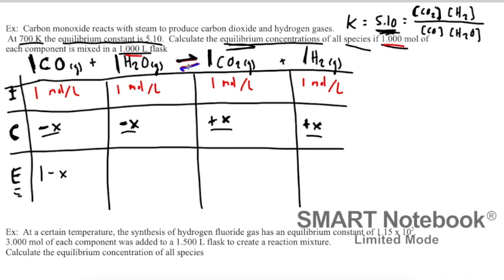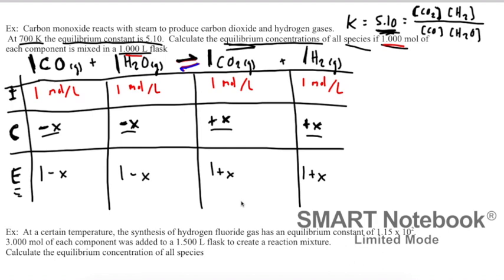The forward reaction is favored right now. And so I'm going to get some of that initial CO consumed away. 1 minus X. 1 minus X for water, for steam. And then my CO2 and my H2, those are getting produced. So they're going to experience a positive change. So the initial amount, all I'm doing is I'm taking the initial amount and adjusting it by the change I just thought through.